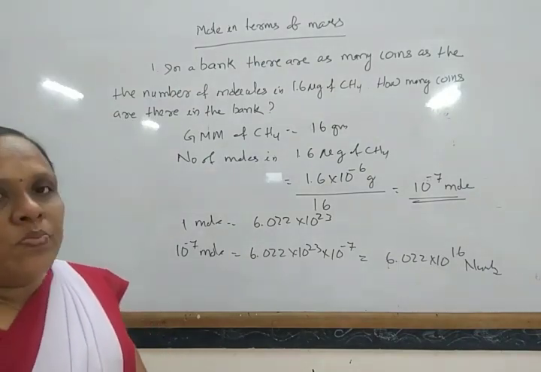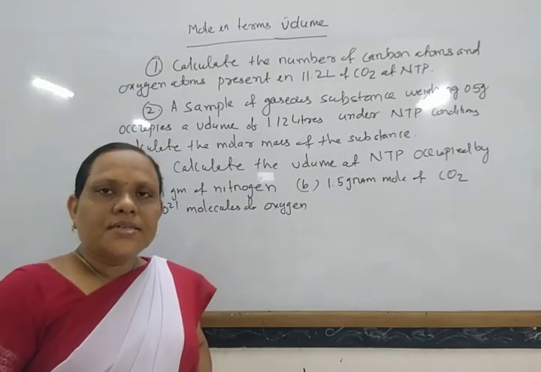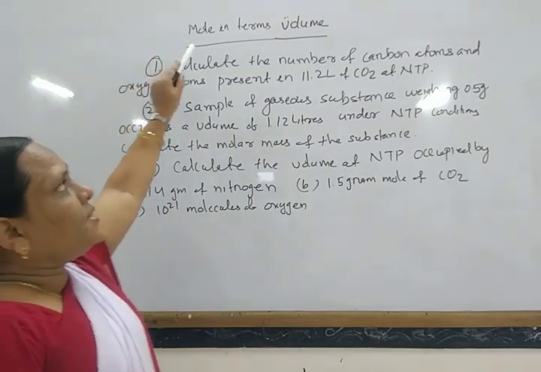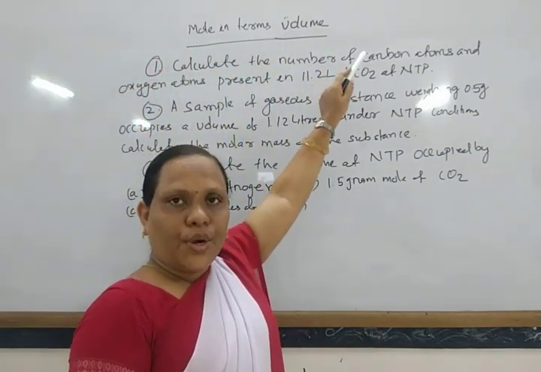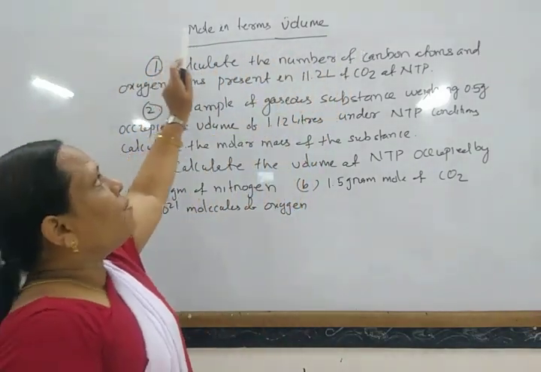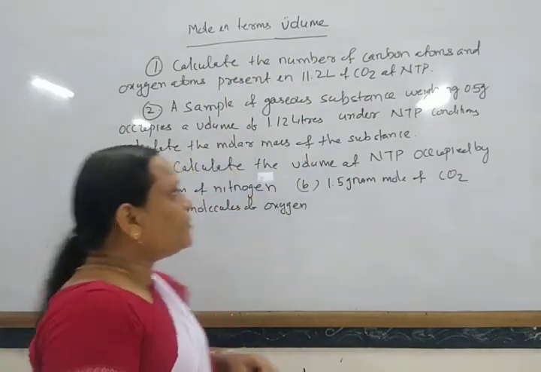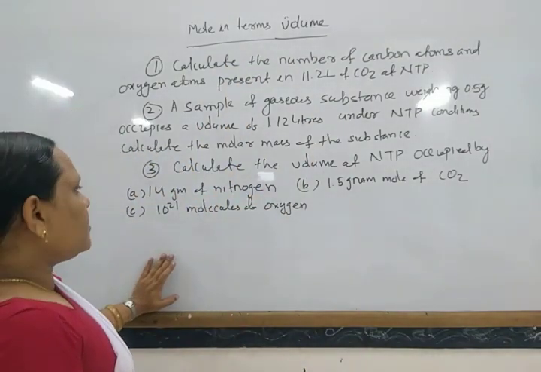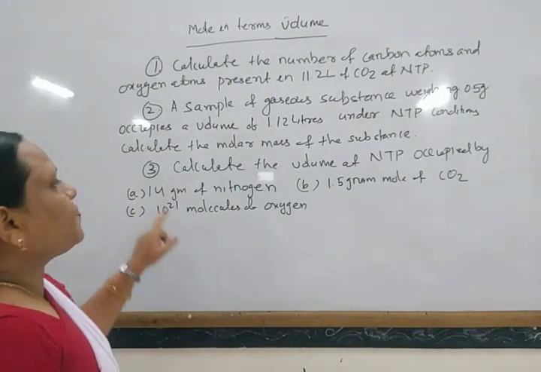Okay. Next, come to some other problems where mole is represented in terms of volume, or problems relating mole in terms of volume. Here also there are 3 questions. Let us discuss from last to first.